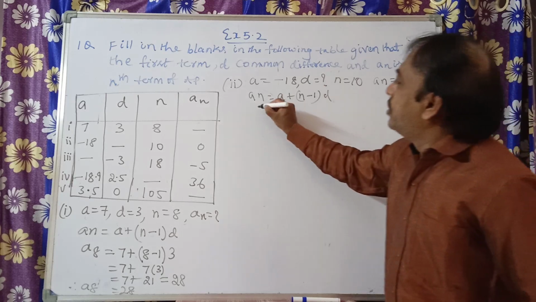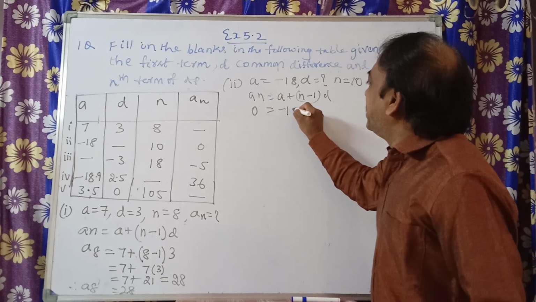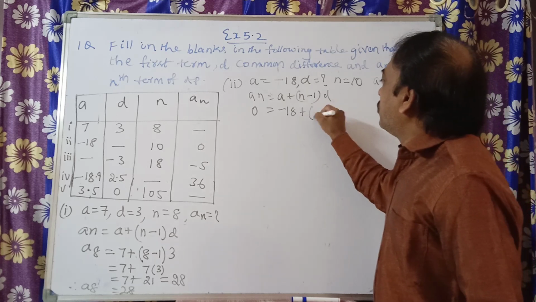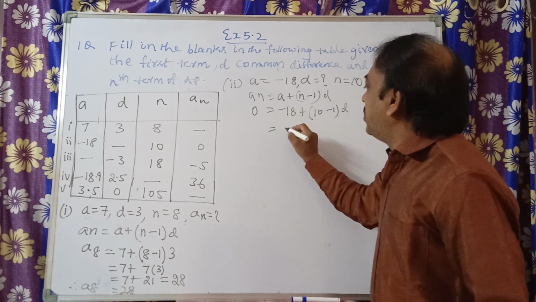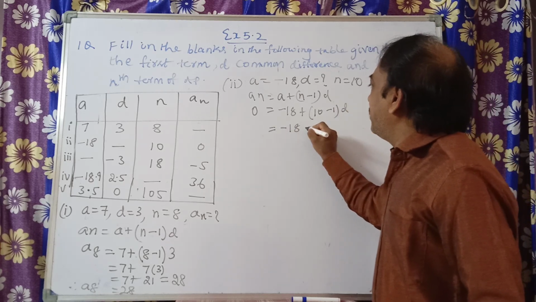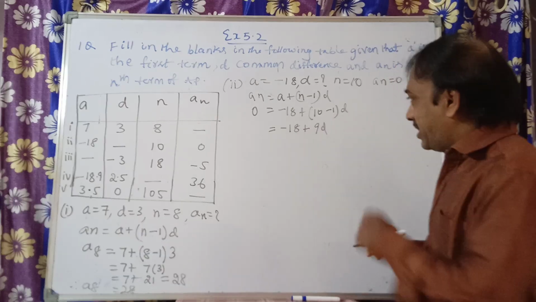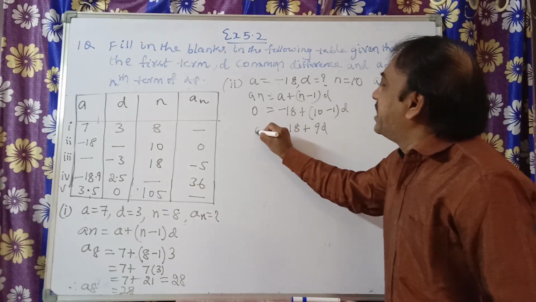That is 0. So 0 is equal to a value, minus 18, plus n minus 1. N is how much? 10, so 10 minus 1 into d, which is equal to minus 18 plus 9d. Now you see, this is 0.